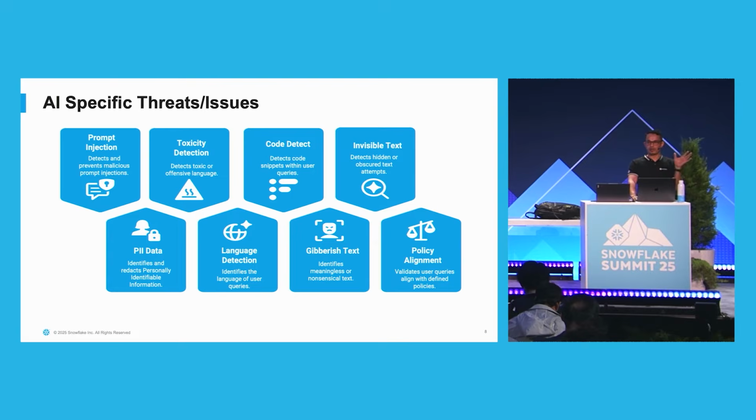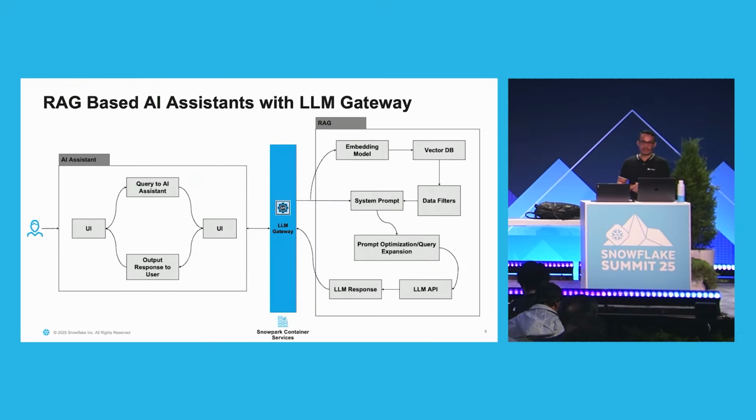So we will go through one of the demos, and quickly I want to go over a RAG-based AI assistant. Basically, in all of the AI assistants, you ask a query, and that query goes to the assistant via the UI, and with that, generally you go with some sort of system prompt. First, you convert that query into vector embeddings, and you retrieve the content which is very similar to that particular query, and you fetch all the data.